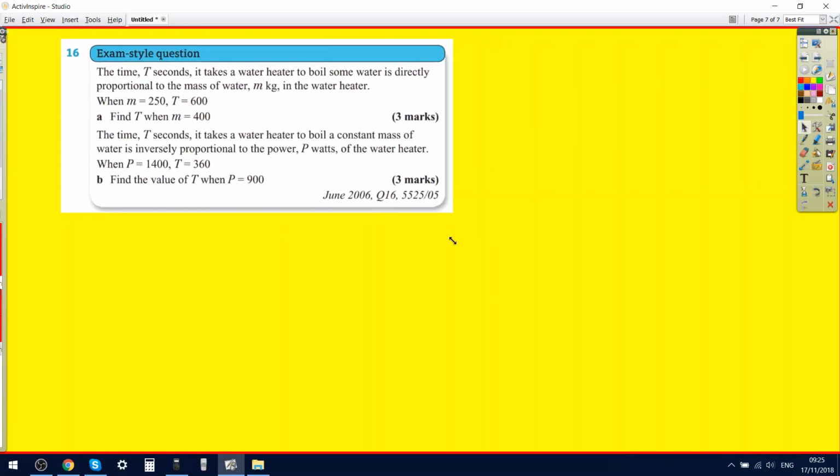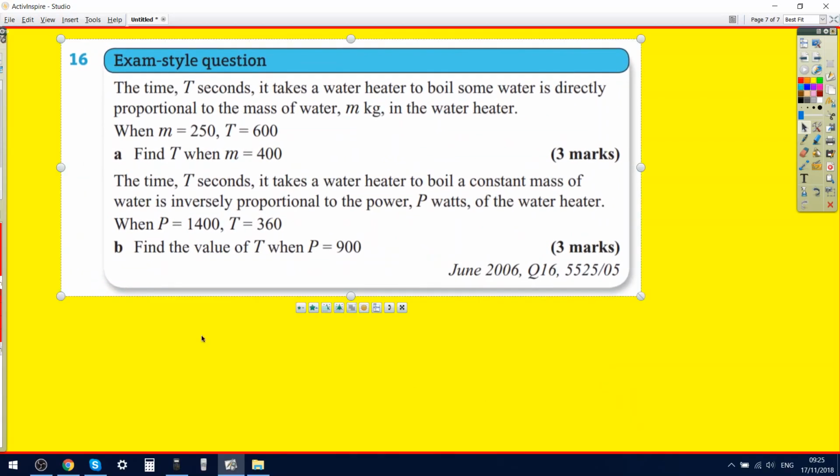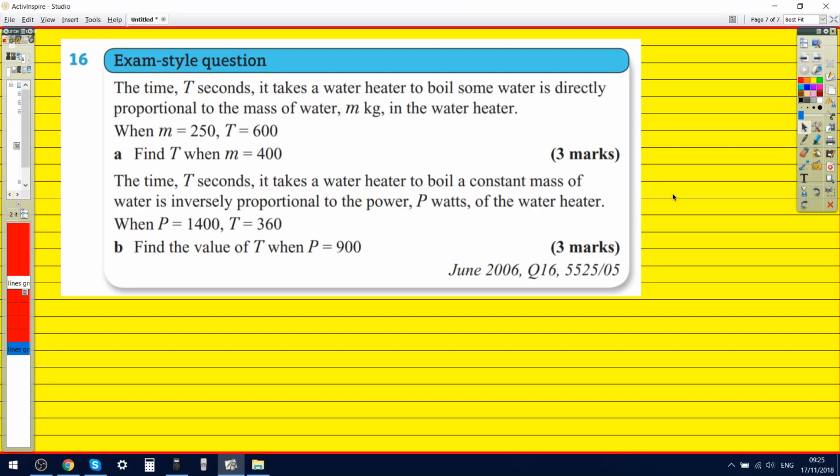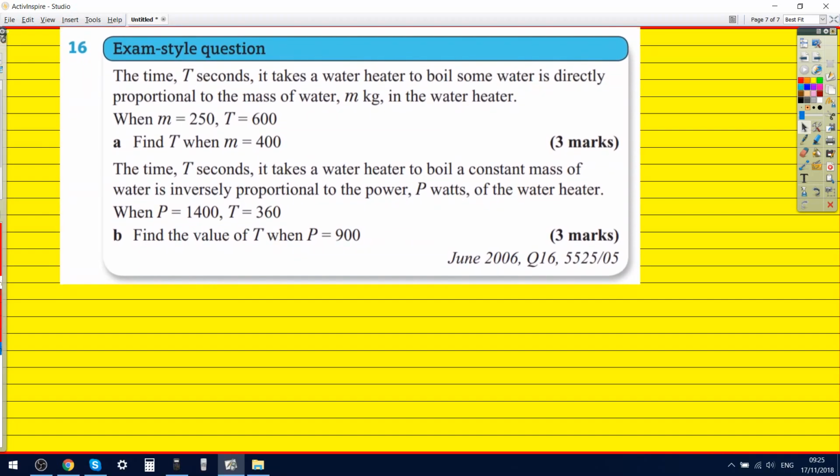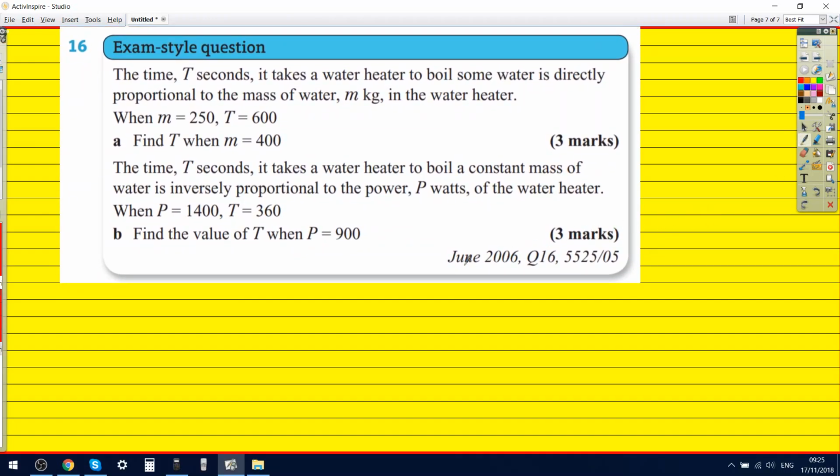Exam question. Okay, so this is direct proportion, isn't it?